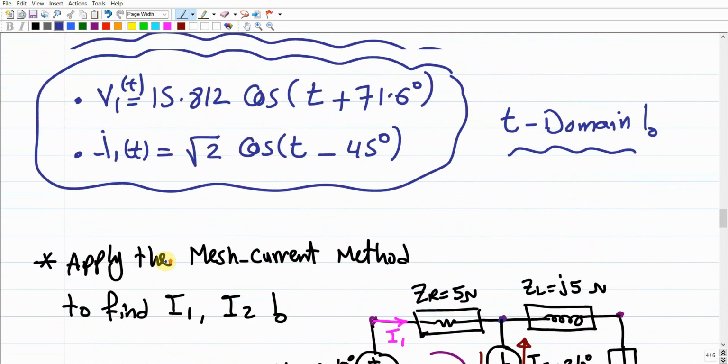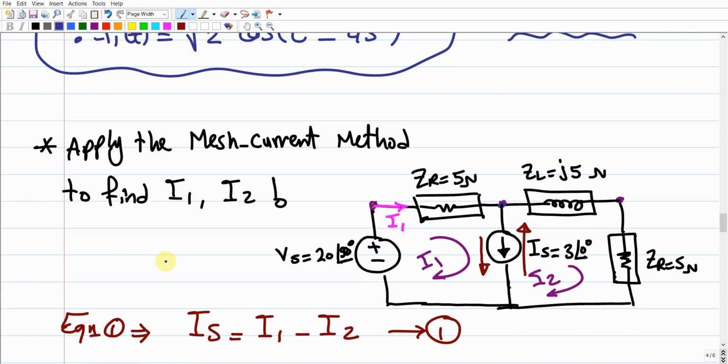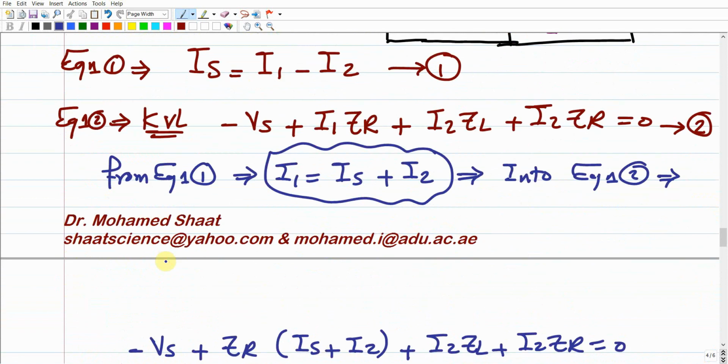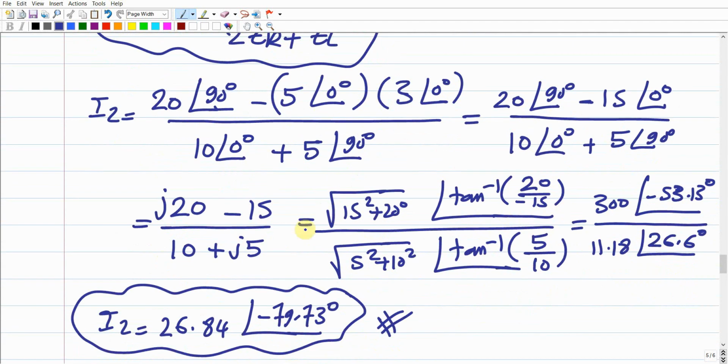But it seemed that I made a mistake either in the node voltage method or the mesh current method. One of the mistakes that I just located is this calculation, where the square root of this should be squared. So the square root of 15 squared plus 20 squared gives us 25, not 300.